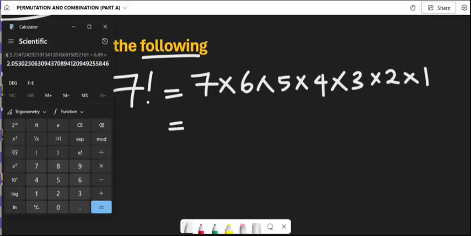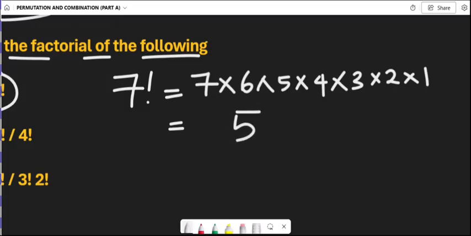With the help of a calculator, this is 5,040. So that's what 7 factorial gives us, 5,040. Let's consider another example.